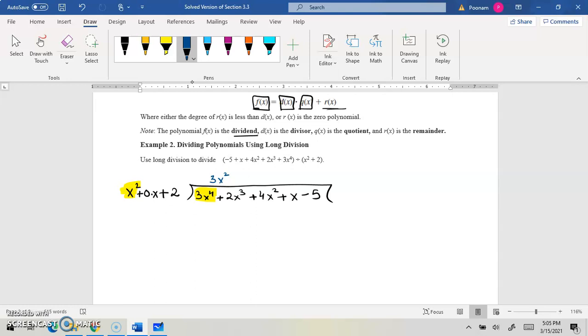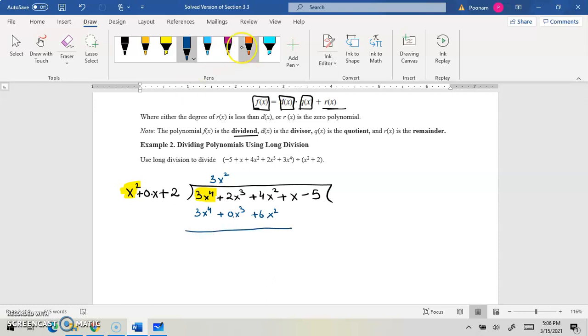But we have to multiply the whole expression with 3x square. Let's see. 3x square times 3x square is 3x4. 3x square times 0x is 0 times x cube. 3x square times 2 is 6x square. Now we have to subtract.